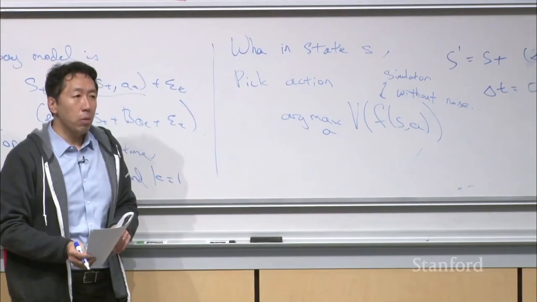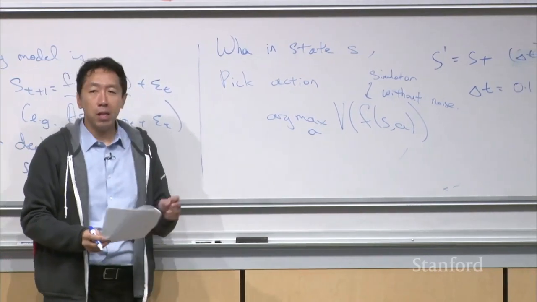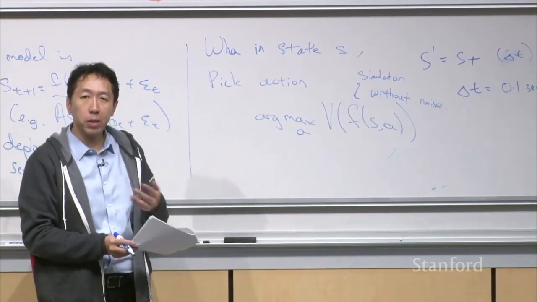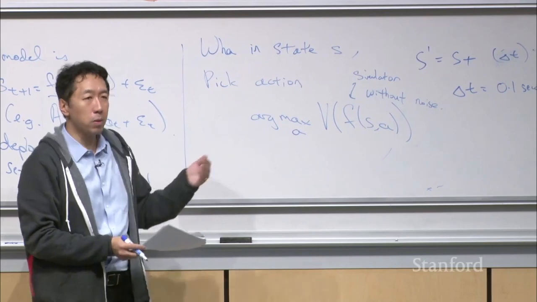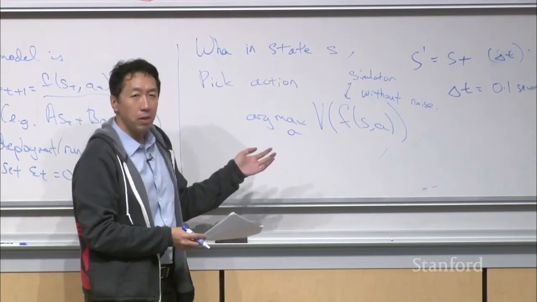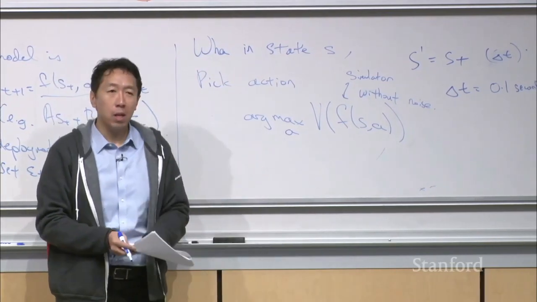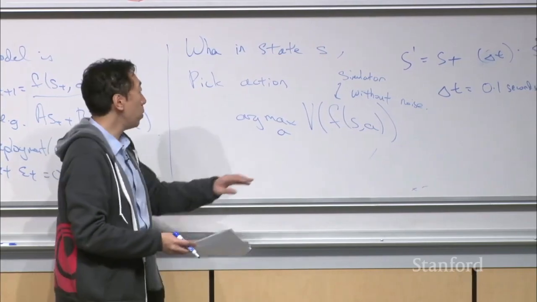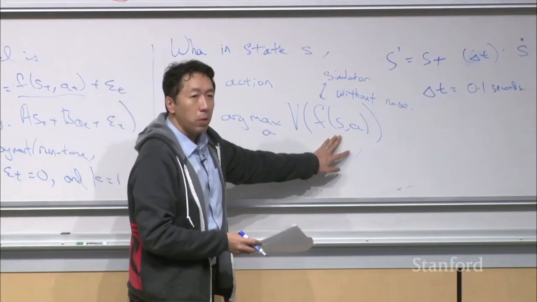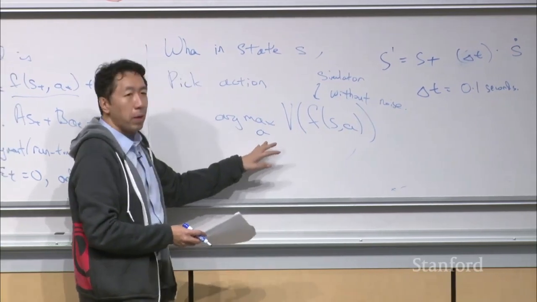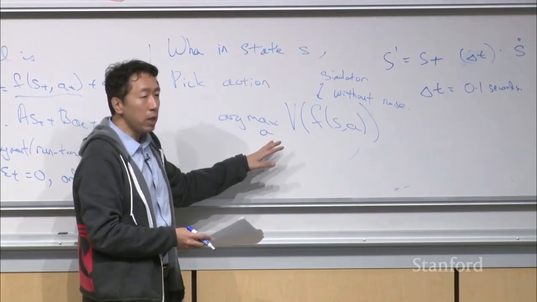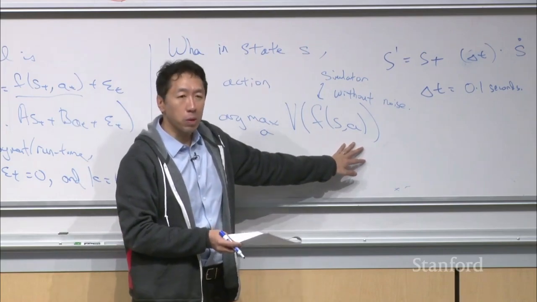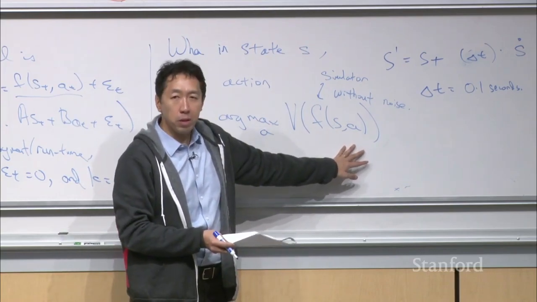And so what you would do is actually, computers are now fast enough. You could do this 10 times a second, right? If you want to control a helicopter or self-driving car at 10 hertz, you can actually easily do this, 10 times a second, which is, your car or your helicopter is in some physical state in the world, so you know what is S. And so you can quickly, for every possible action A that you could take, use a simulator to simulate where your helicopter will go if you were to take that action.